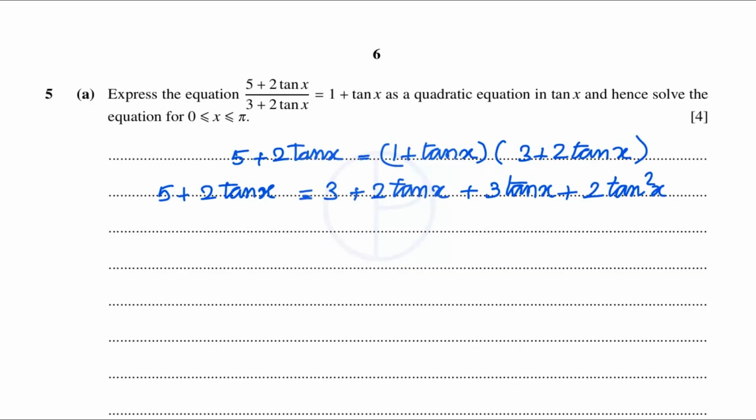Let's bring all the terms into one side. So we get 3 plus 5 tan x plus 2 tan square x minus 5 minus 2 tan x.